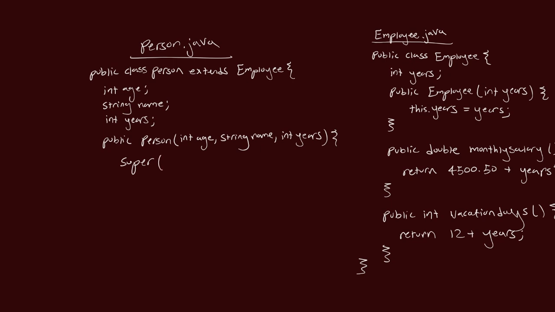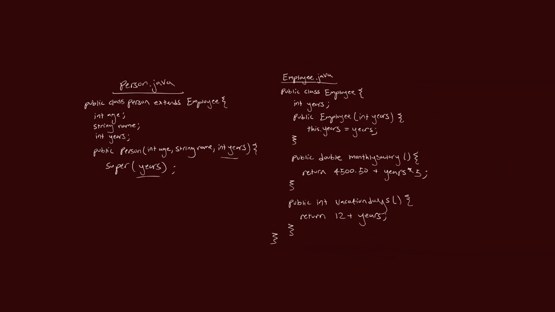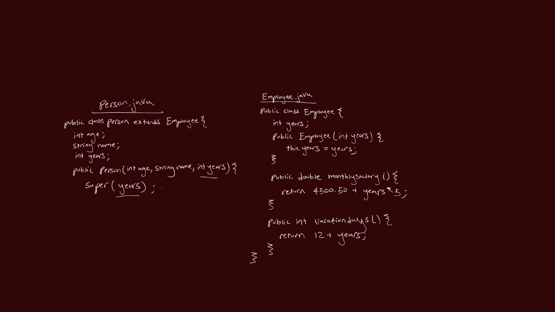So you do super, and this has to be at the very start of your constructor. If you put it in the second or third line, like if you do this dot age equals age, and then you put super, then you're going to get an error. So you do super, and then you pass in your years. If your years are 5, it's going to pass in 5, and that 5 is going to go all the way into here, and then it's going to be this dot years equals 5, and it sets this to be 5.